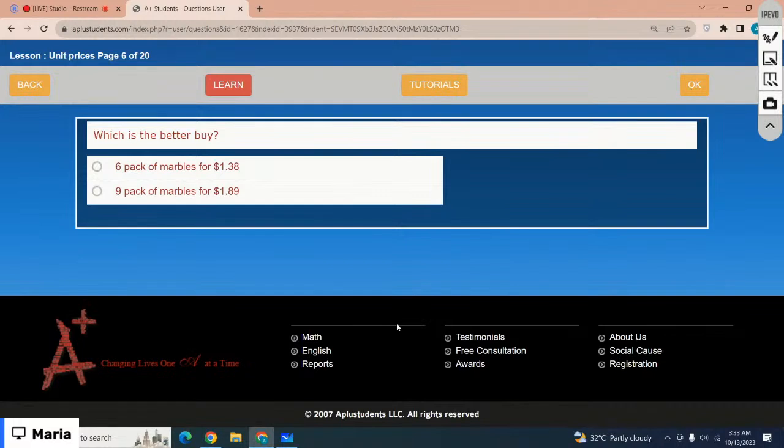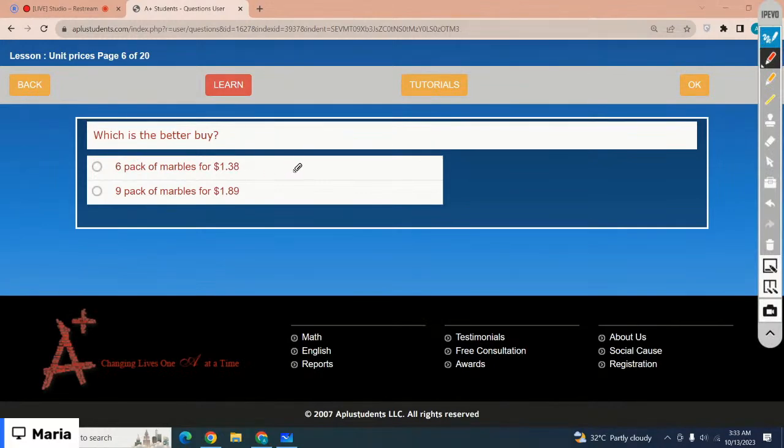Let me just calculate. 1.38 divided by 6 equals 0.23. That is the unit price for this one, right? Then 1.89 divided by 9 is 0.21. So which is the best buy? The best buy is the one that has the lower price, right? Very good. The second one has the lower price, so the second one is the best buy.